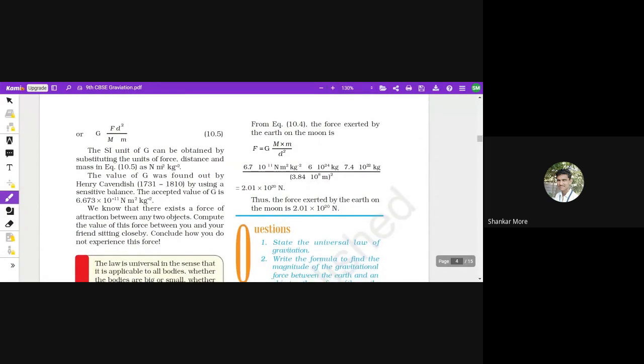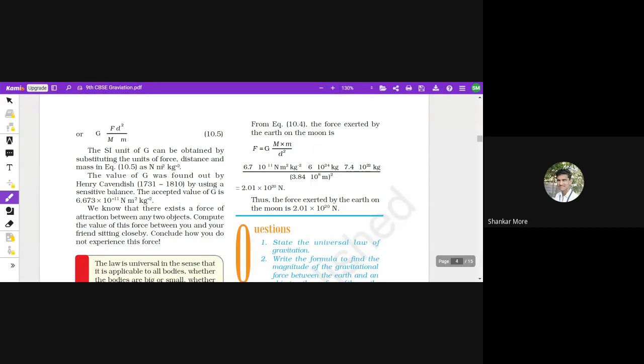The SI unit of G is obtained by substituting the units of force, distance and mass, that is न्यूटन मीटर स्क्वायर पर किलोग्राम स्क्वायर. ठीक है, अभी ये मैं इसको पर किलोग्राम स्क्वायर इसलिए बोल रहा हूँ बिकॉज ये जो किलोग्राम स्क्वायर है ये डिनोमिनेटर में आएगा, बट इट हैज बीन टेकन टू द न्यूमरेटर, दैट्स व्हाई इट शोज एज kg raised to the power -2.